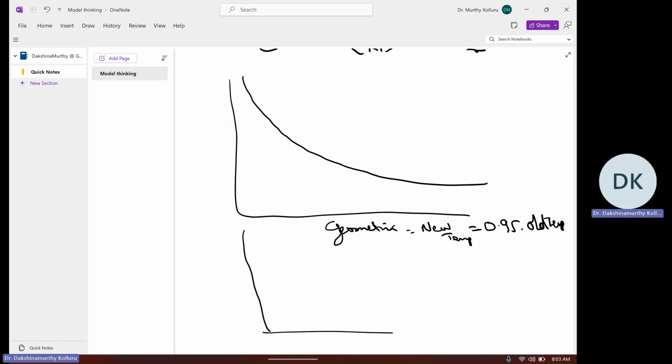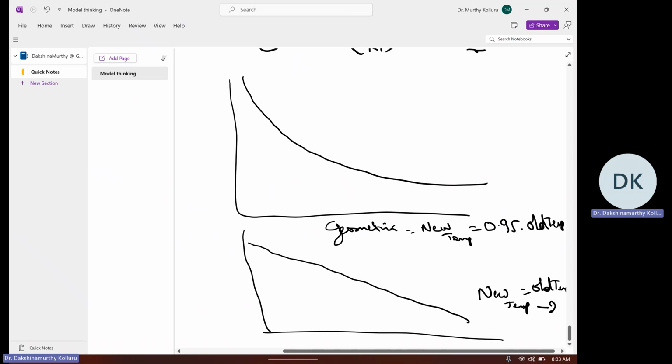What I showed in the Excel is linear cooling: new temp is equal to old temp minus some amount, 20 or 10 or 1, whatever, it doesn't matter. This is linear cooling.